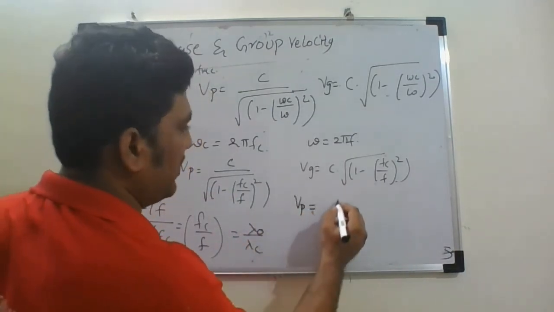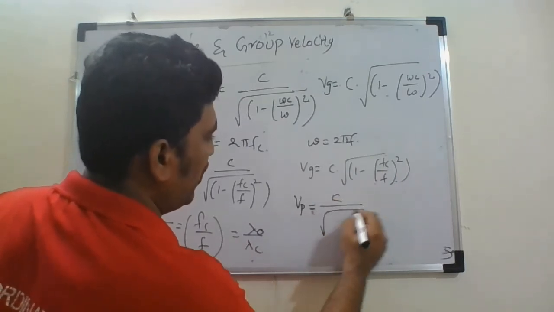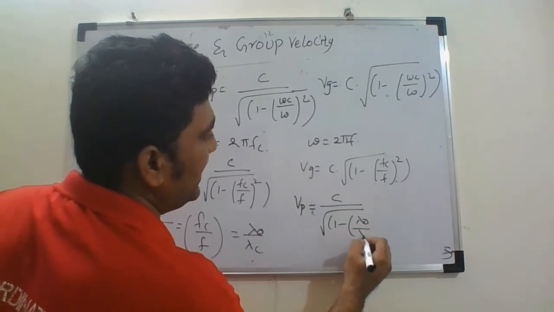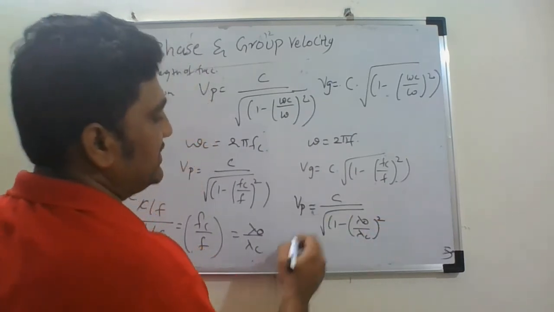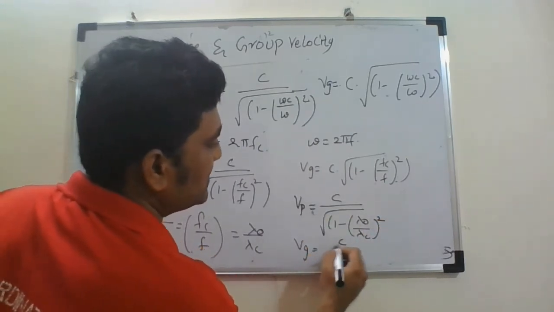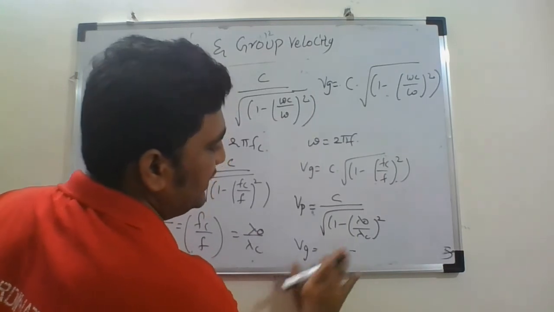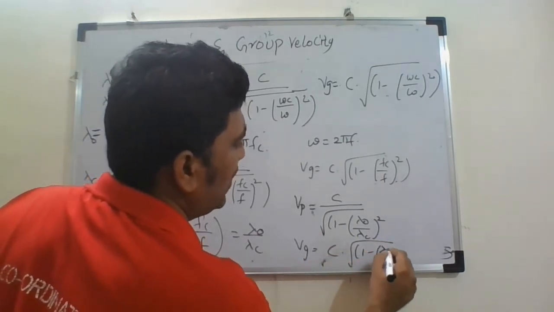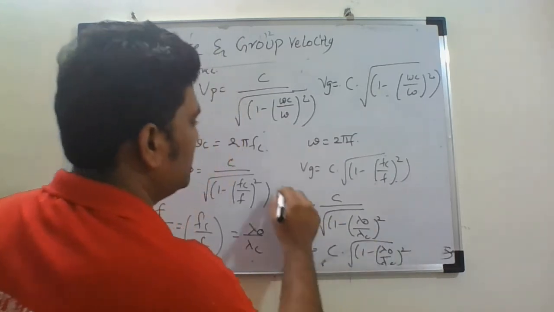So Vp is equal to c by root of 1 minus (lambda naught by lambda c) whole square. Similarly, Vg is equal to c into root of 1 minus (lambda naught by lambda c) whole square.